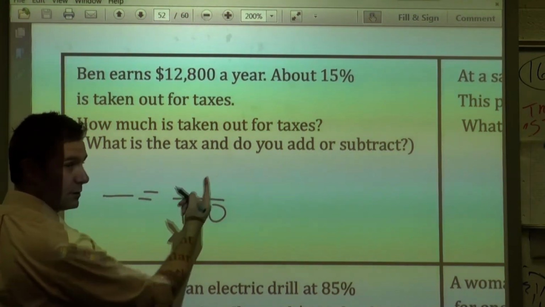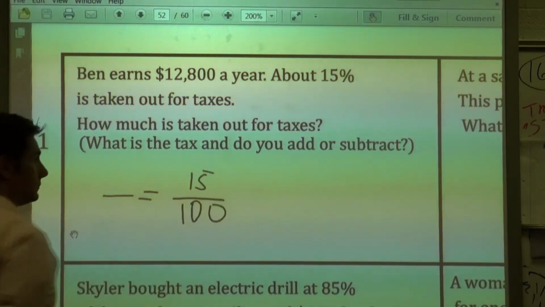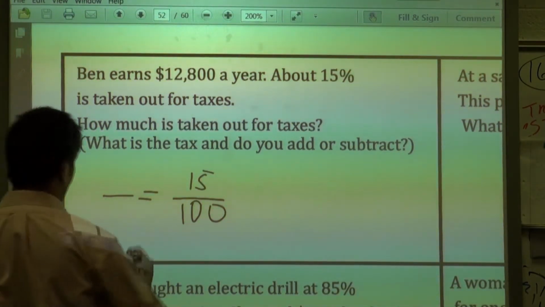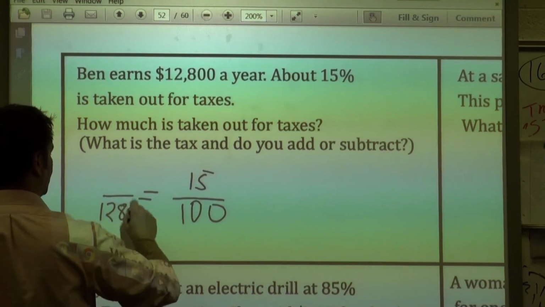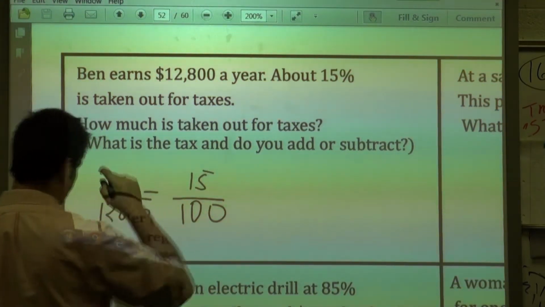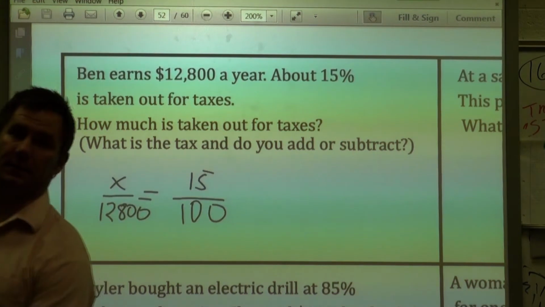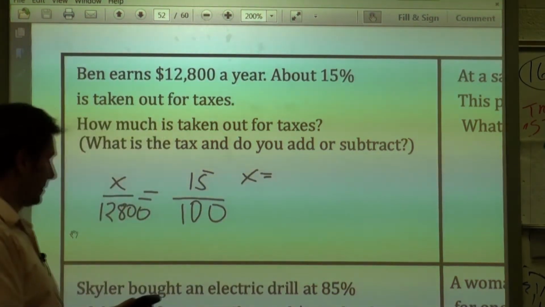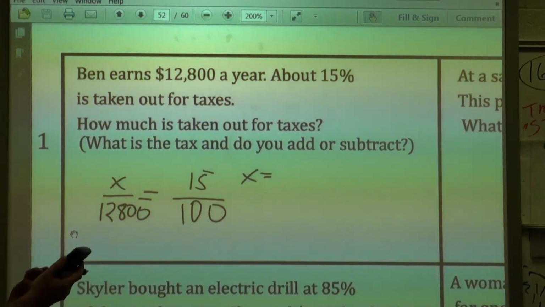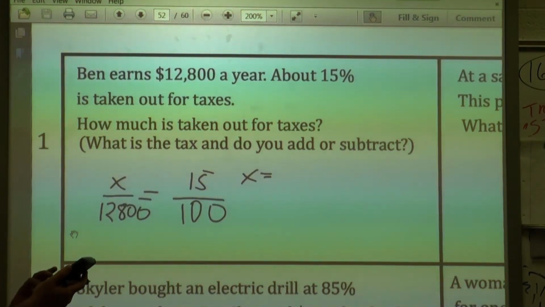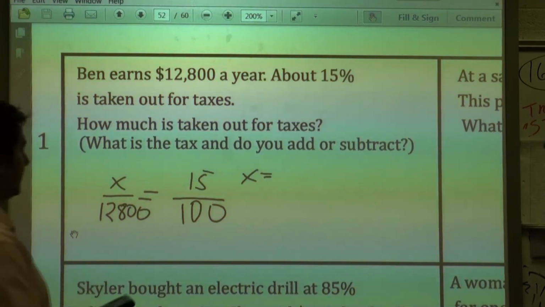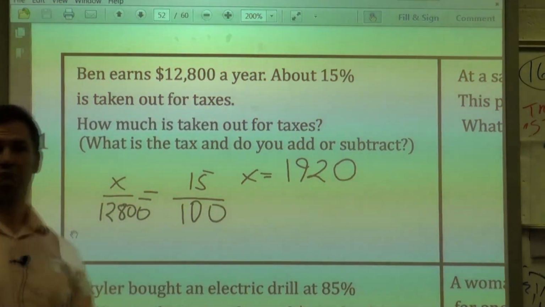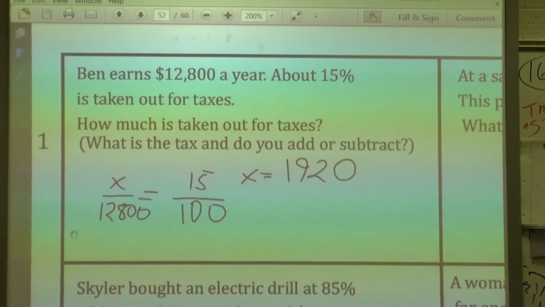We know that we're looking for 15% of 12,800, so right here will be an X. When we cross multiply, we find that the taxes are equal to $1,920. That's how we find our taxes.